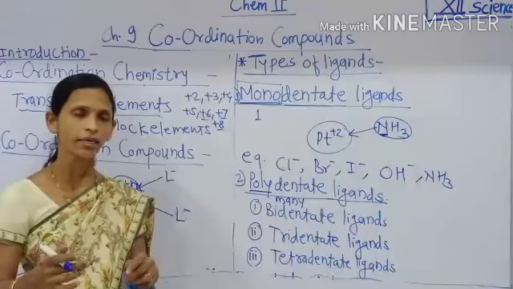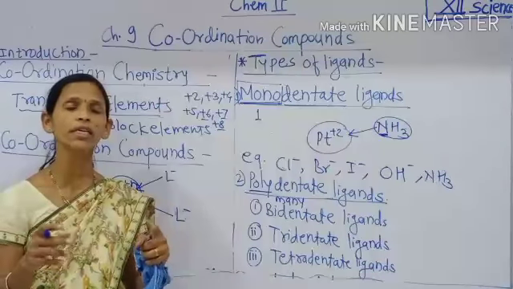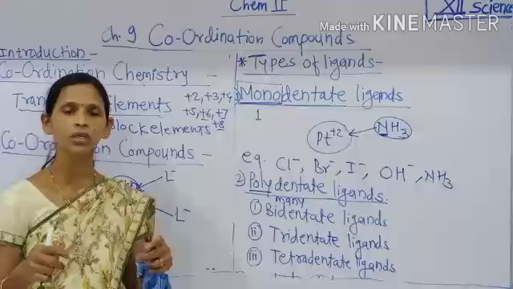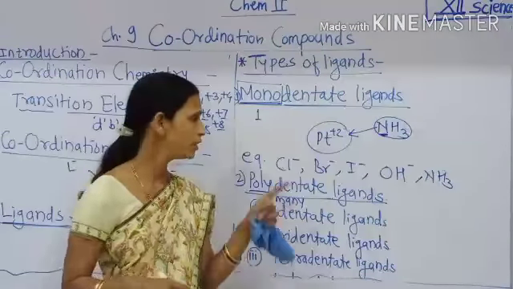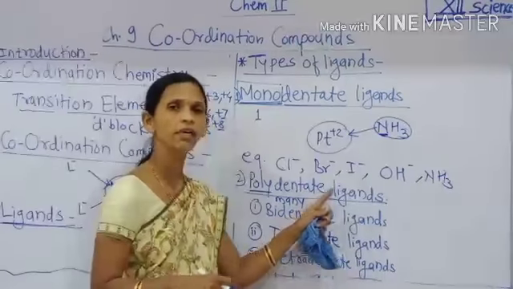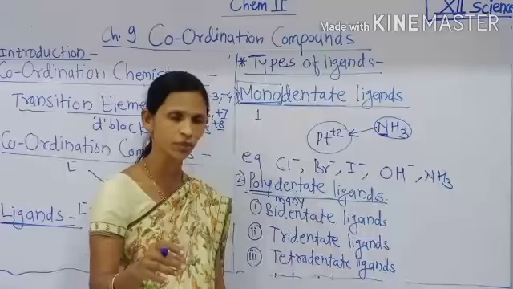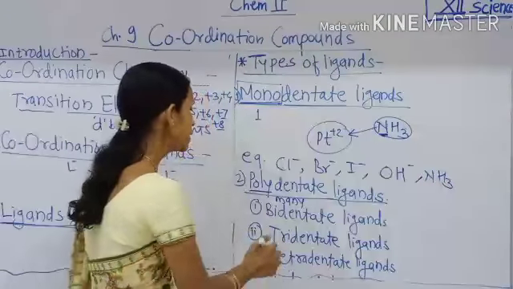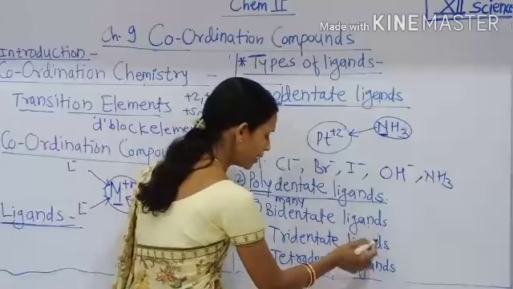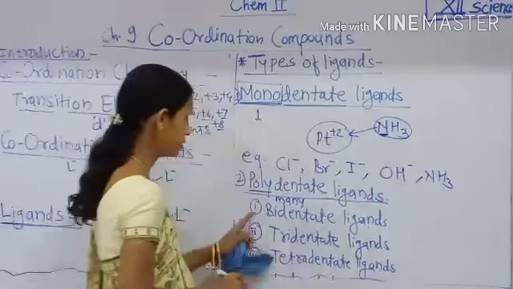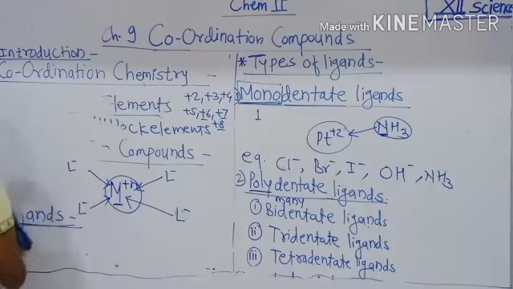That means at a time that ligand is coordinated with the central metal ion through two or more donating sites, and these are called polydentate ligands. According to the number of points of attachment, these are classified again into bidentate ligands, tridentate ligands and tetradentate ligands. We will see them one after another in detail.